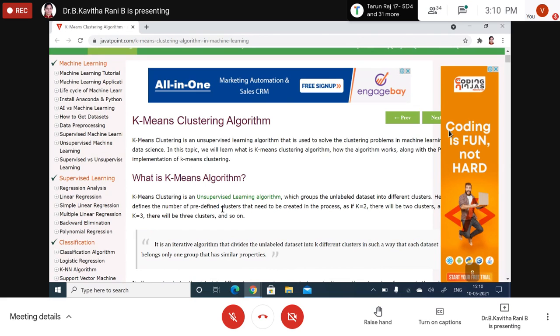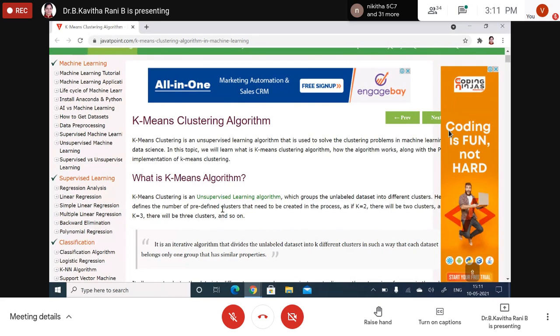In case we are having 100 instances, and those 100 instances I want to group into two, how? 50, 50. Otherwise, take your class.